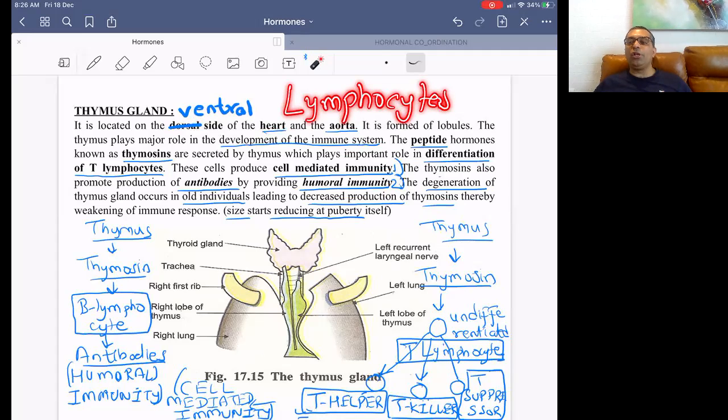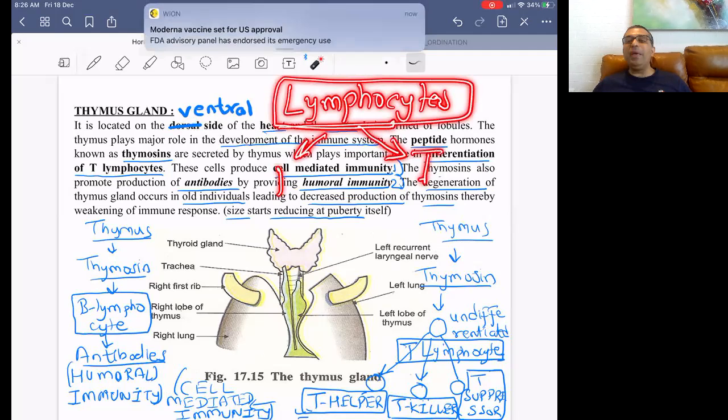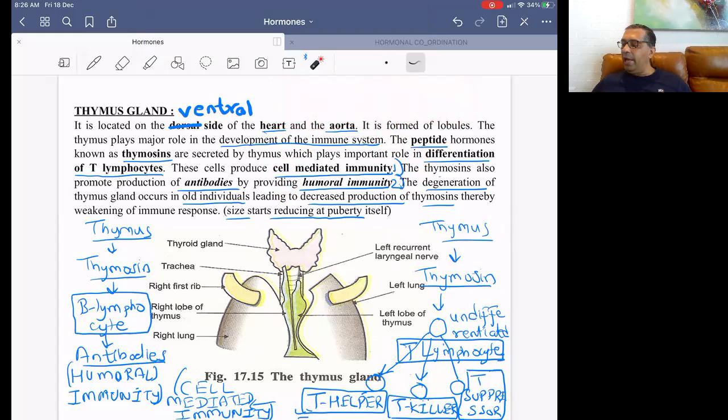You will study these in circulation. These are all 5 types of WBCs. Among them the most important are lymphocytes. What will lymphocytes be doing? Lymphocytes are of two types, T lymphocytes and B lymphocytes. Thymosin plays a major role in differentiation of T lymphocytes.